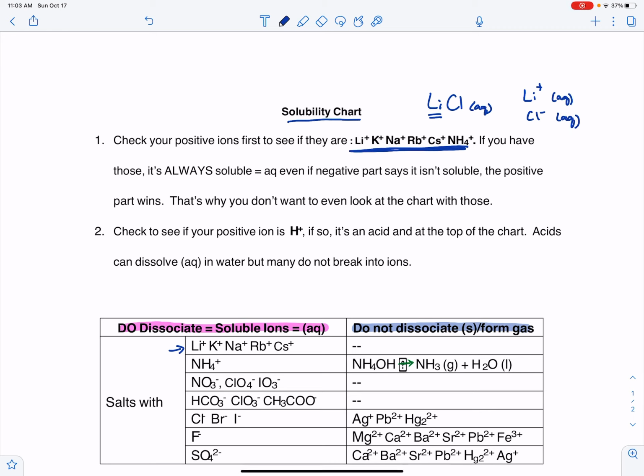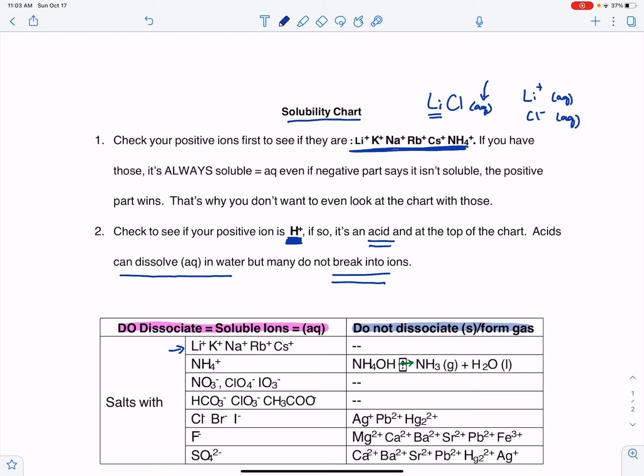The other thing you want to watch for is this other positive ion, this H+. So H+'s are actually acids, but I went ahead and combined it into this chart because I think it's helpful to have everything all together. So they do dissolve in water, but most of them do not break into ions. Folks will get used to seeing this AQ, and when they see AQ, they automatically split it apart.